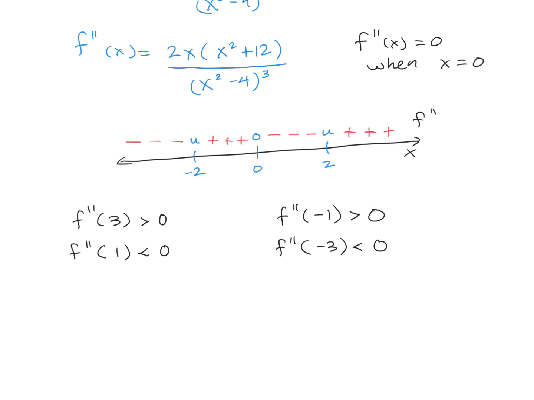Now remember, we're looking at concavity here. So we actually have concave down from negative infinity to negative 2, concave up from negative 2 to 0, concave down from 0 to 2, and then concave up again from 2 to infinity.